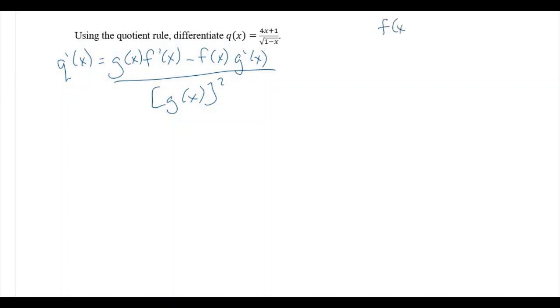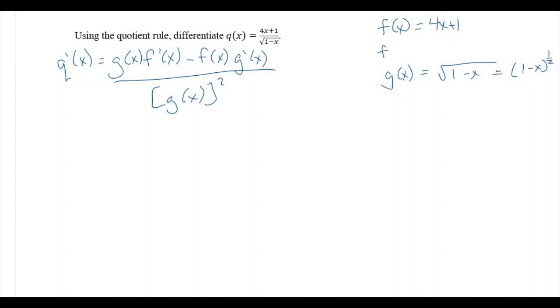So let's start by summarizing that information off to the side, just like we always do. So f of x is the numerator, 4x plus 1. G of x is the denominator, square root of 1 minus x, which usually when we're doing differentiation, we don't like square roots. So let's rewrite that right now as an exponent. So this will be 1 minus x to the power of 1/2.